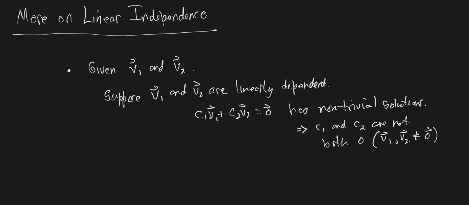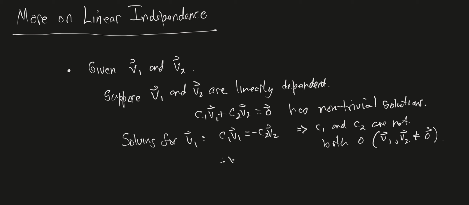So let's say I wanted to solve this equation for v1. I would subtract c2 v2 from both sides, so I'll have that c1 times v1 is equal to negative c2 v2, and because this constant is not 0, I can divide both sides by it.